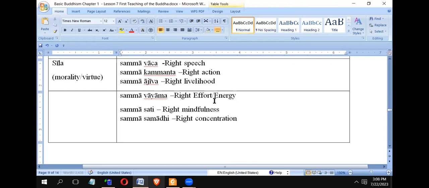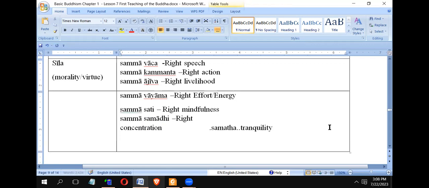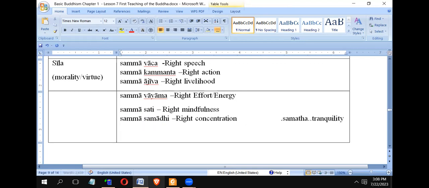Besides the word concentration, what is another possible word for samadhi? Sometimes maybe not here, but we have another one, tranquility, right? Sometimes they say samatha, tranquility meditation. Vipassana is insight meditation.